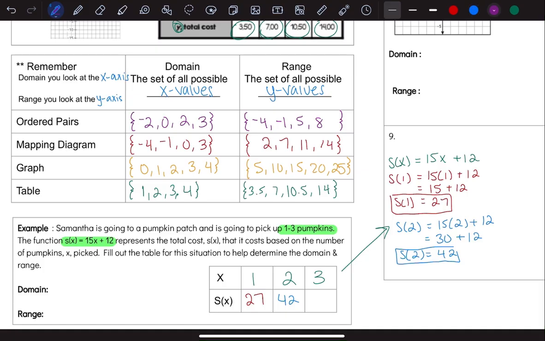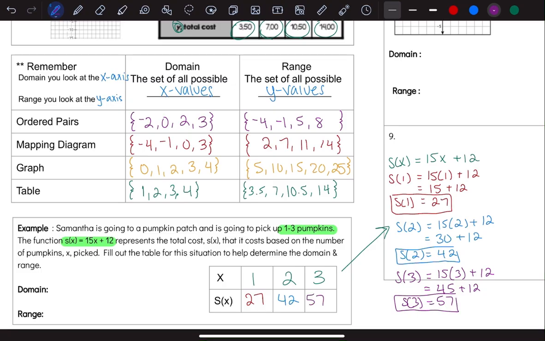And then lastly, to buy 3 pumpkins, I'm going to plug in 3 for x. My equation becomes s of 3 equals 15 times 3 plus 12. 15 times 3 is 45 plus 12. 45 plus 12 is 57. So to buy 3 pumpkins, it'll cost her $57.